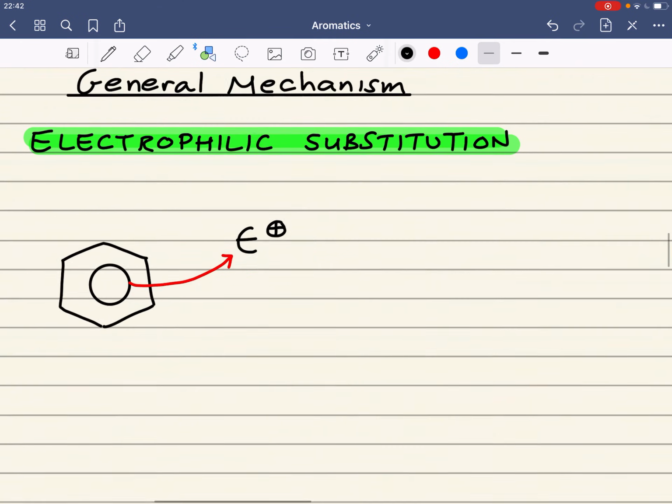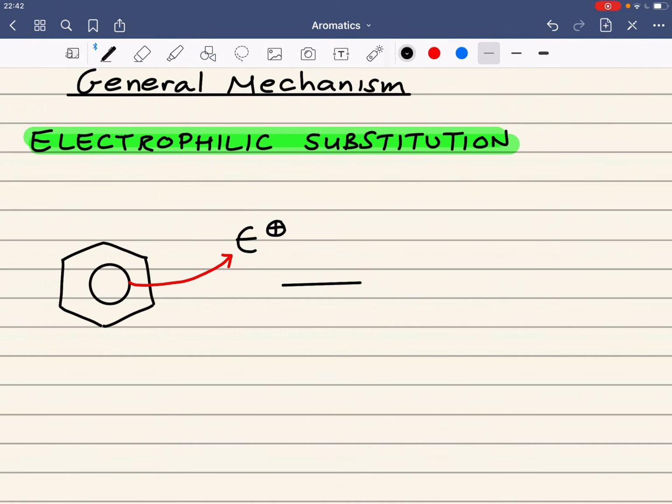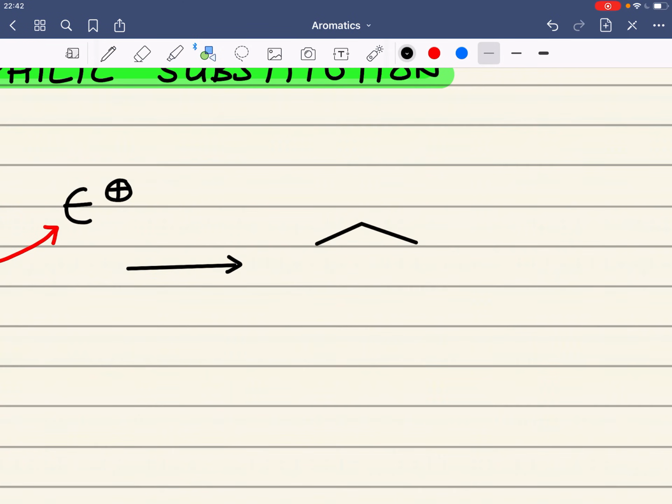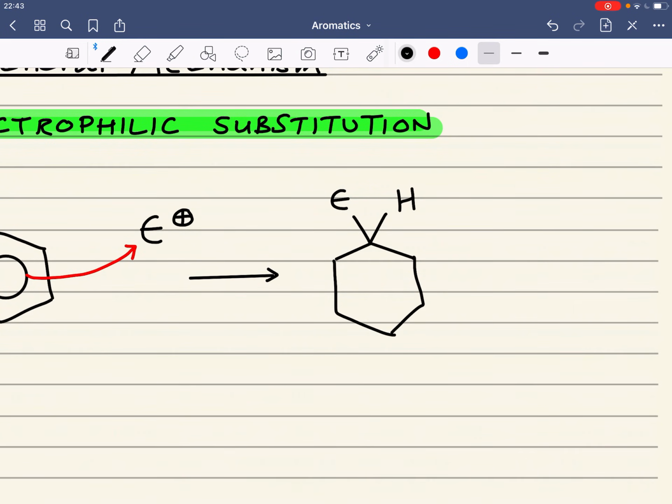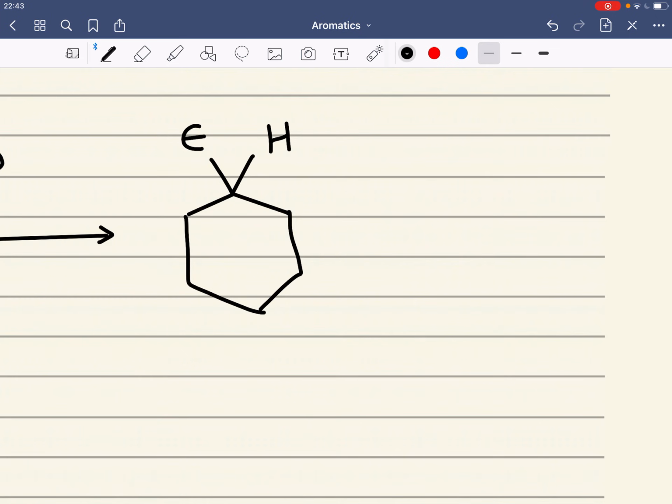That gives us the following intermediate structure. And this is going to have a positive charge, this structure, and that positive charge is delocalised. It's sort of spread around some of the carbons in the ring.